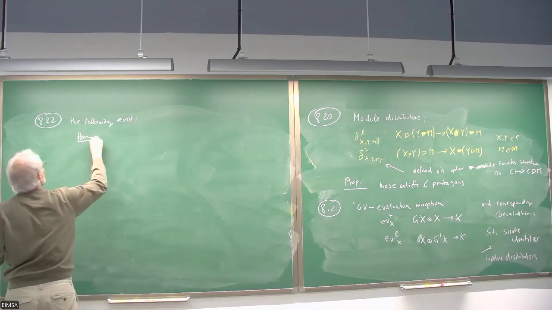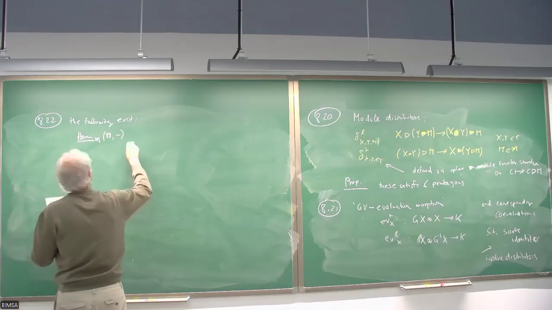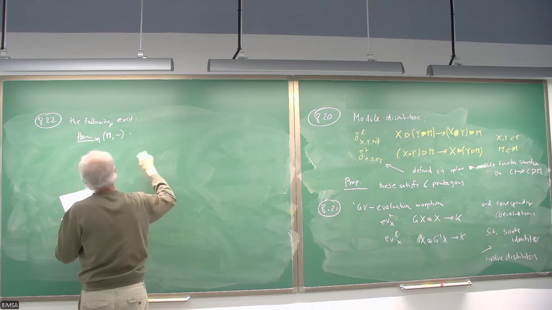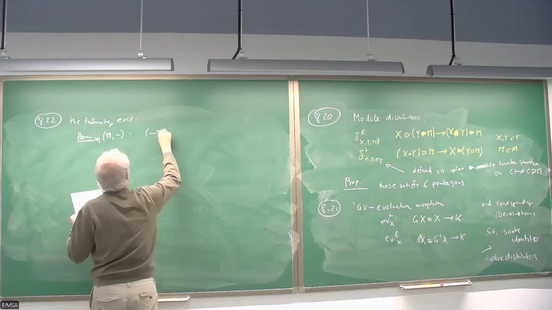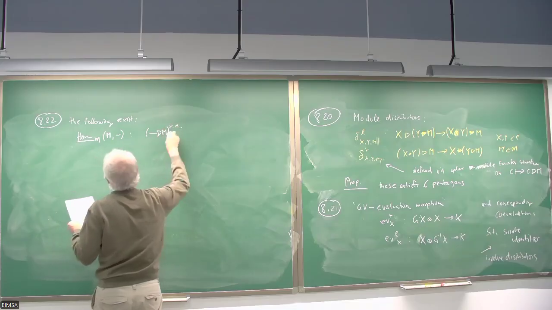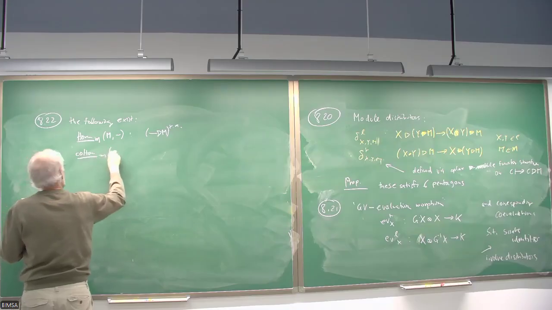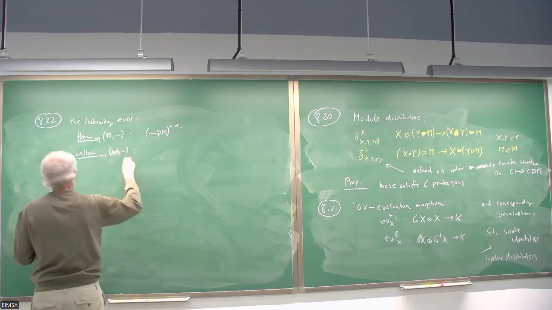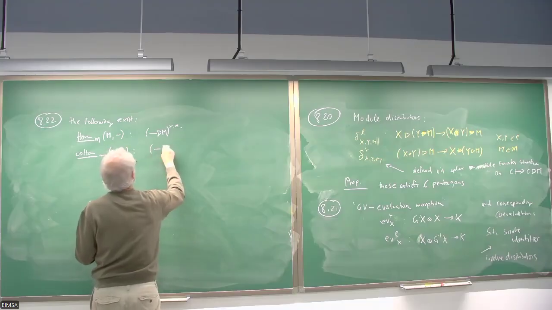So the internal hom with respect to M is the right adjoint, which by definition exists, of the action functor; the internal cohom is the left adjoint.